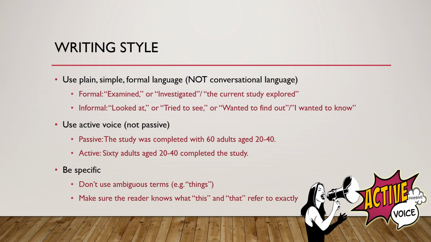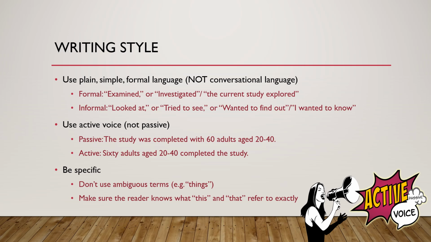You also want to use active voice. So you might remember from your English courses that an active voice is where the subject of the action comes at the beginning of the sentence. Whereas passive voice, which is the opposite, is putting the subject somewhere hidden inside your sentence. So a passive voice might be, the study was completed with 60 adults aged 20 to 40.